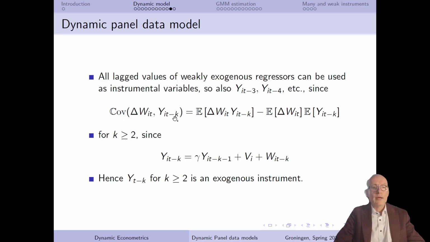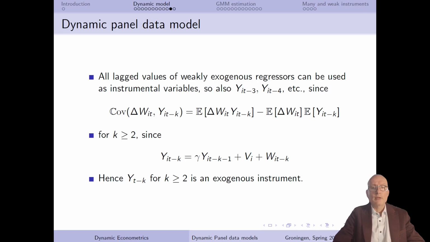We can rewrite this covariance as the mean of the product of the two arguments, Δw_it and y_{it-k}, minus the product of the means, the mean of Δw_it multiplied by the mean of y_{it-k}.